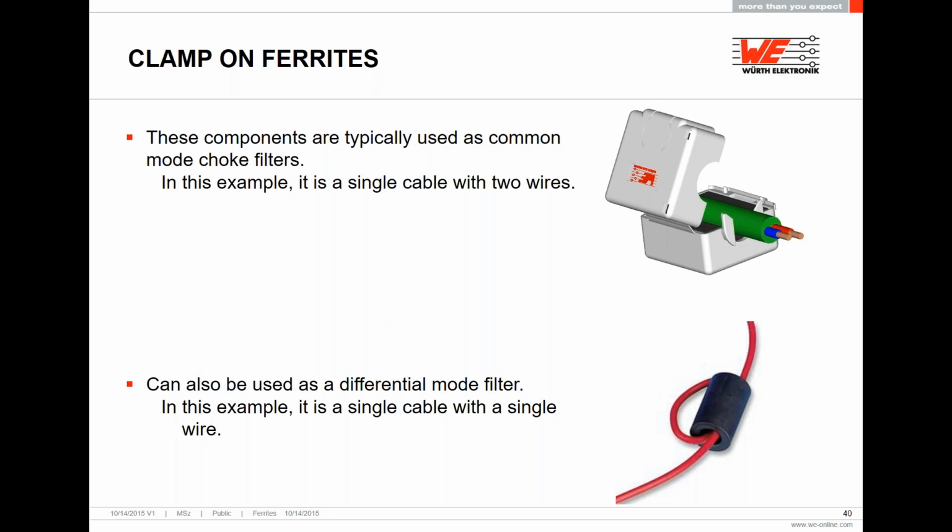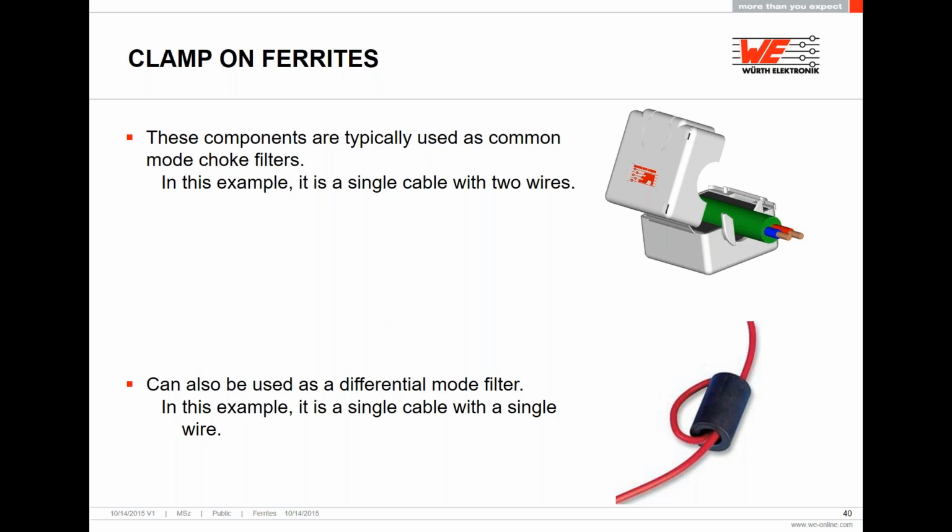Now, we will take what we just learned about common mode chokes and we will apply it to clamp-on ferrites. So the clamp-on ferrites are typically used as common mode filters. A single cable goes through the ferrite, but the cable includes two wires. It comes with VCC and with ground.